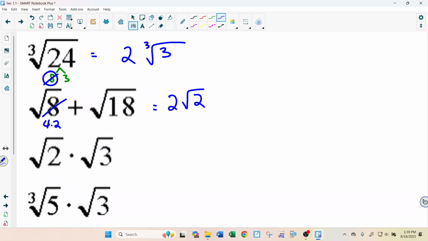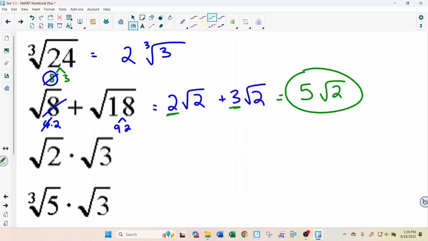The square root of 4 is 2, and 2 is not a perfect square, so it stays underneath. 18 is 9 times 2, so the square root of 9 is 3. The 2 stays underneath, and now they have the same radicand, 2, and they have the same root. They're both square roots. So in that case, I can just add these together. I have 2 square root of 2 and 3 square root of 2, which gives me 5 square root of 2.